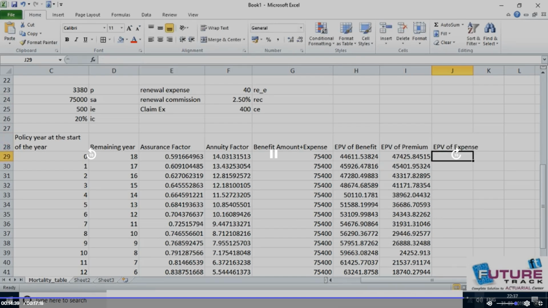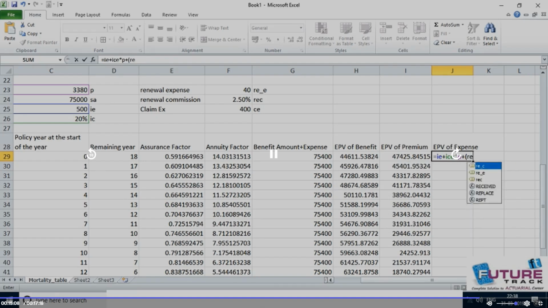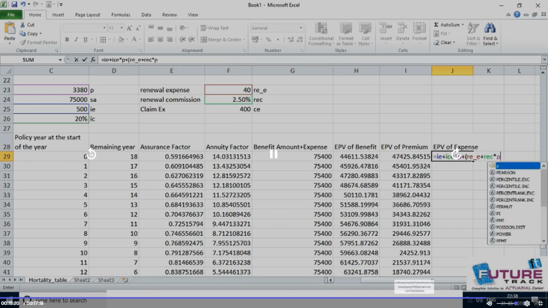Okay, let's find the EPV of expense. See, the moment I write the cell name, it is automatically showing the colored bars. First is my initial expense, sorry, then my initial commission, ICE into P, fine, plus we have renewal expense plus renewal commission into premium.